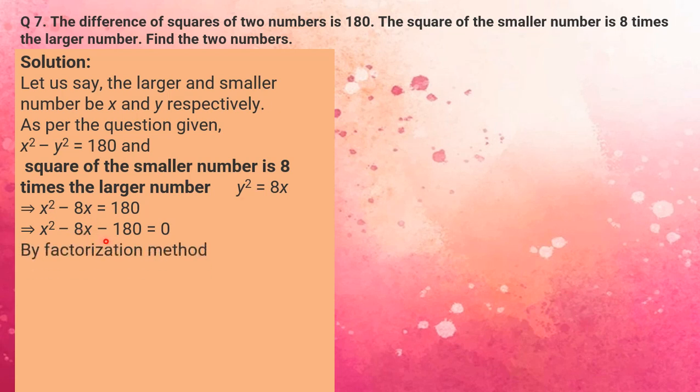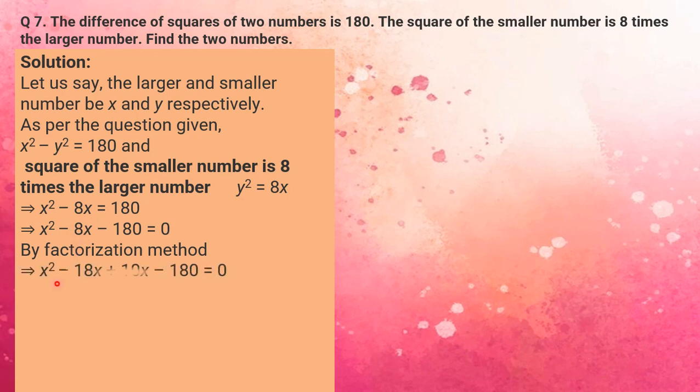Let us consider the factorization method for x square minus 8x minus 180. We multiply the constant term by the coefficient of x square, find the factors of that product, and look for the pair whose sum gives the middle term, that is minus 8.